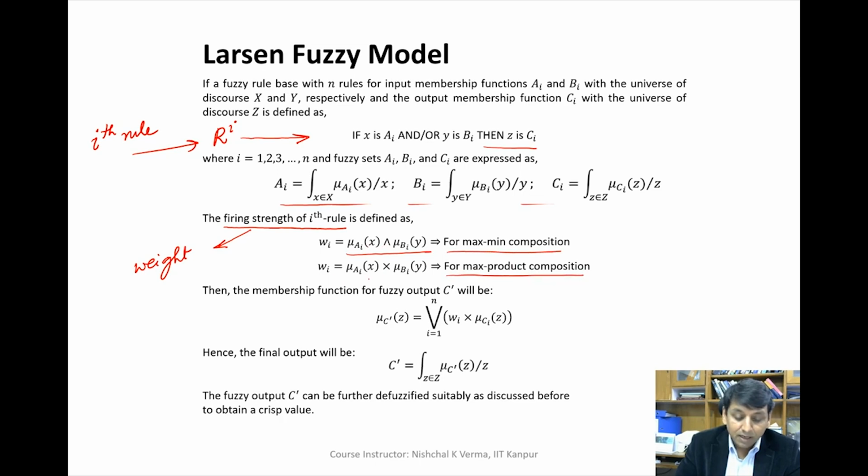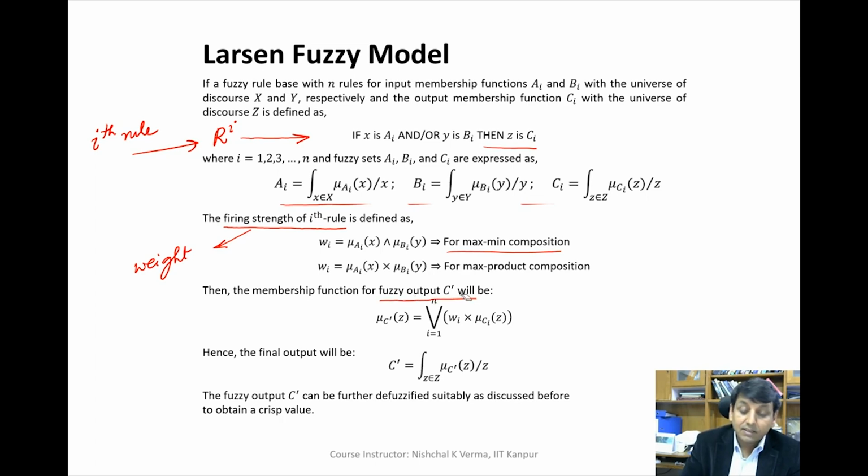So if we have two or more antecedents, in max-min we will take the min, and in case of max-product we will simply multiply. We will take the product of the antecedent values, the weight values, to get the final weight. And when we have done this, then comes the membership function for the fuzzy output C dash.